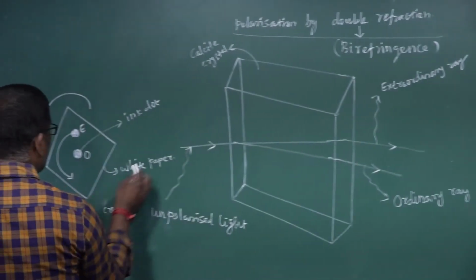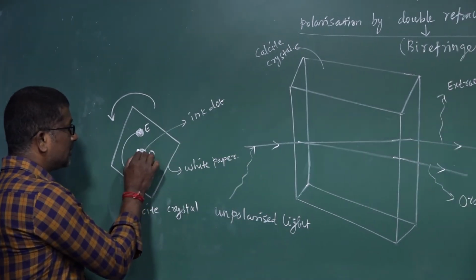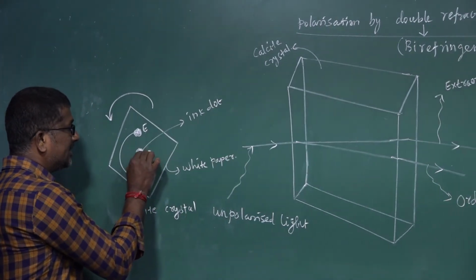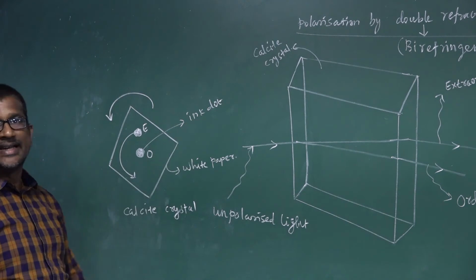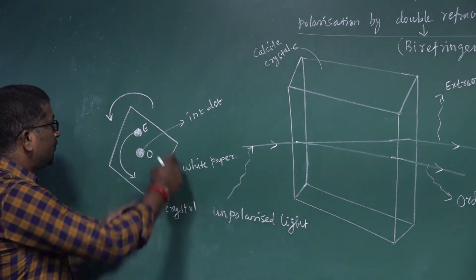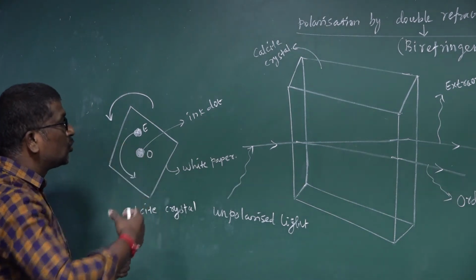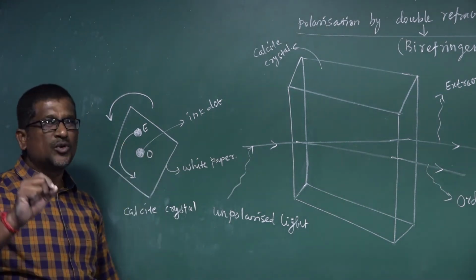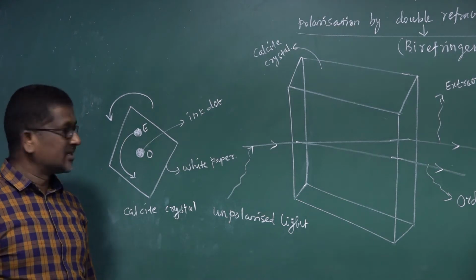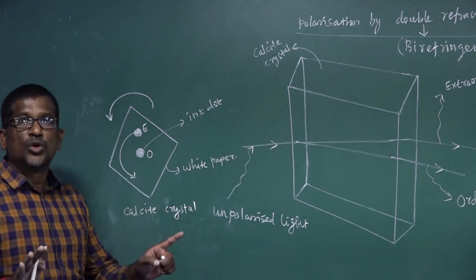This is a white paper on which there is a single ink dot. If this ink dot is viewed through a calcite crystal, suppose the calcite crystal and white paper both are stationary.